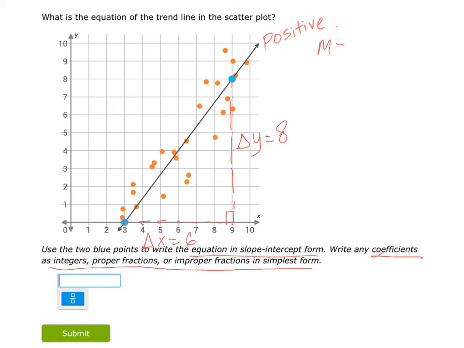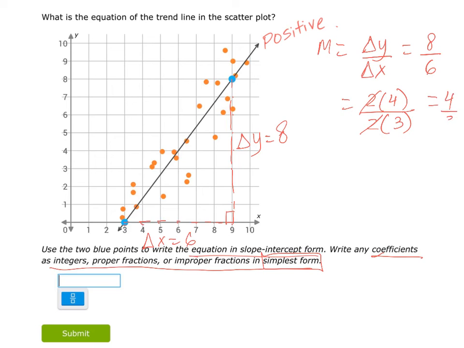So our slope is delta y divided by delta x, which is 8/6. Now this is not the simplest form, right? If you wrote 8 as 2 times 4, and you wrote 6 as 2 times 3, you'll see these two can cancel. So our simplest form will be 4/3, which is our slope.